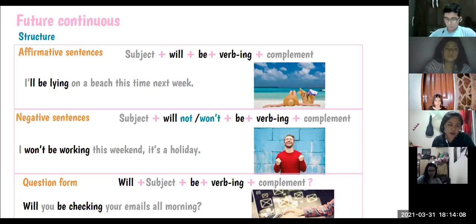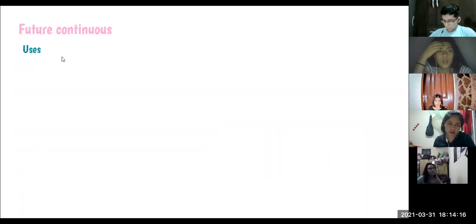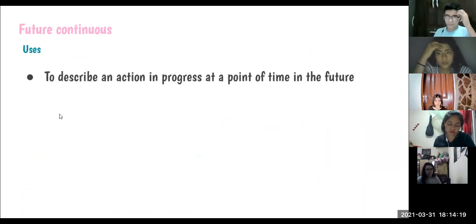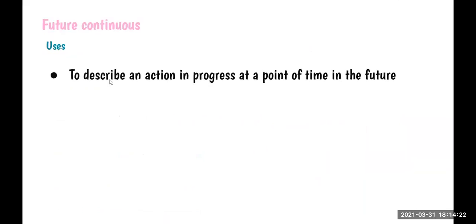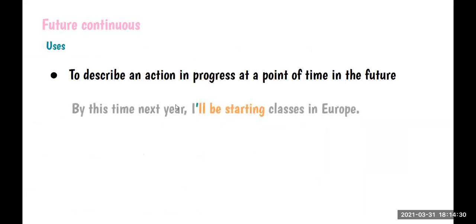Now we are going to see when to use this tense. Future continuous and the uses. We use the future continuous to describe an action in progress at a point of time in the future. For example, by this time next year, this is the point of time in the future, I'll be starting classes in Europe. As you can see, this is an action in progress at a point of time in the future.